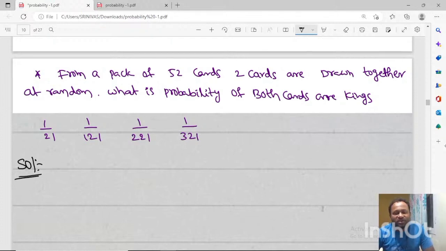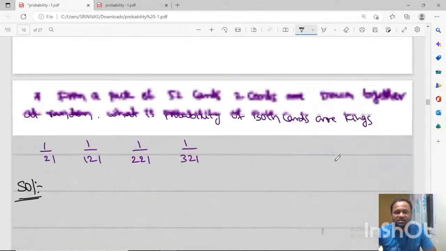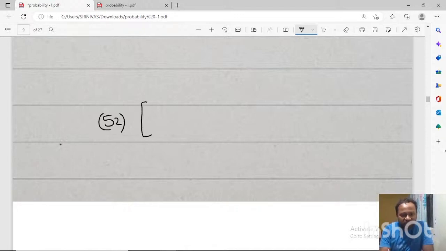From a pack of 52 cards. Cards means we need to know the difference between cards. Let me write here. 52 cards will be there. Among these 52 cards, 26 red cards and 26 black cards. Among the 26 red cards, heart and diamond.